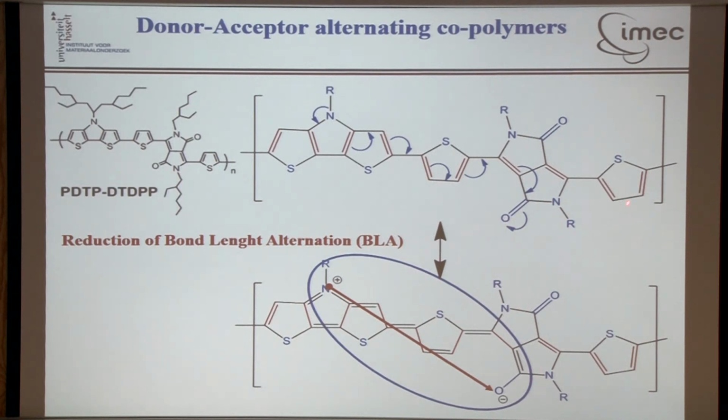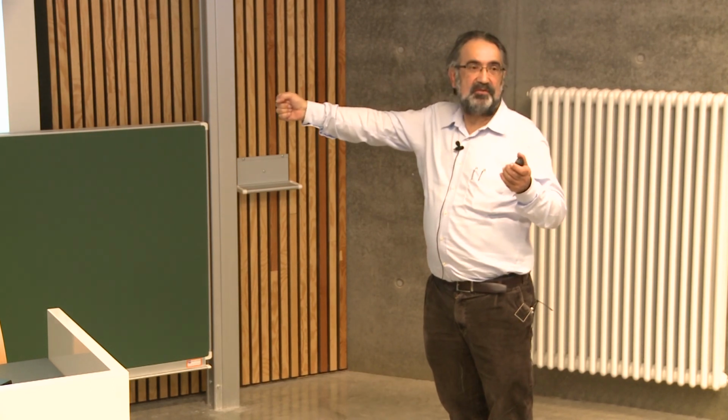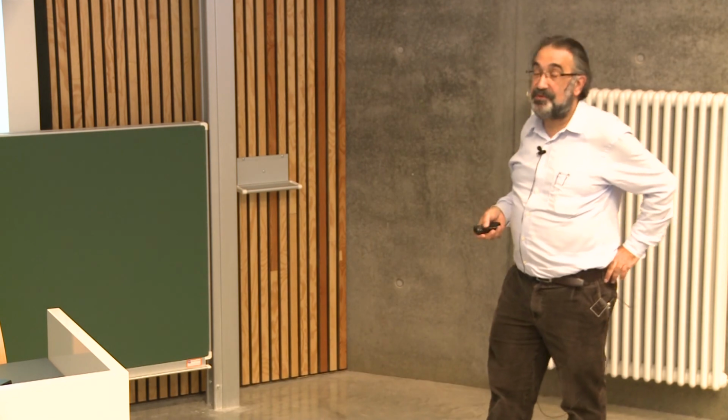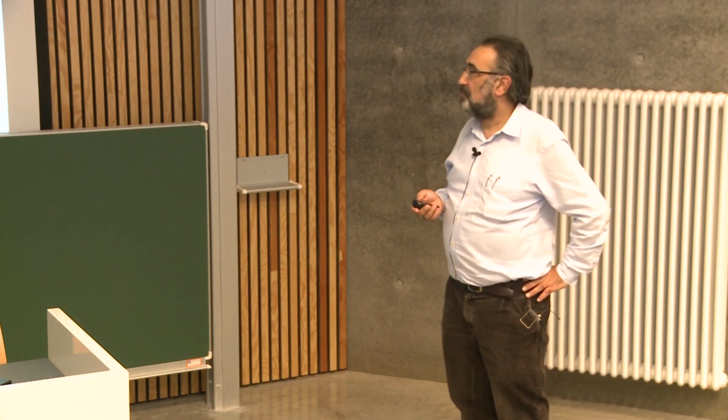This one describes very well the ground state, but this one describes very well the excited state. So in the excited state, you have transferred an electron from the nitrogen to the oxygen. So there's a displacement in space. And that also contributes to the effective efficiency of these types of materials.